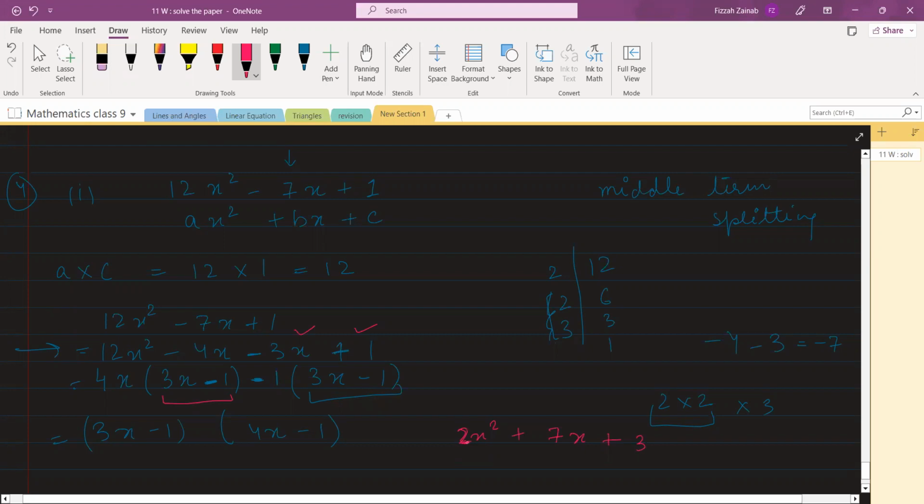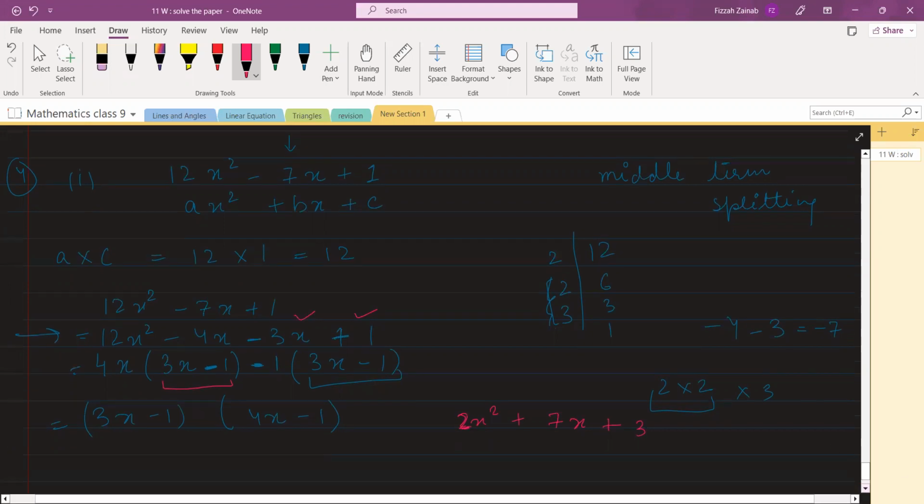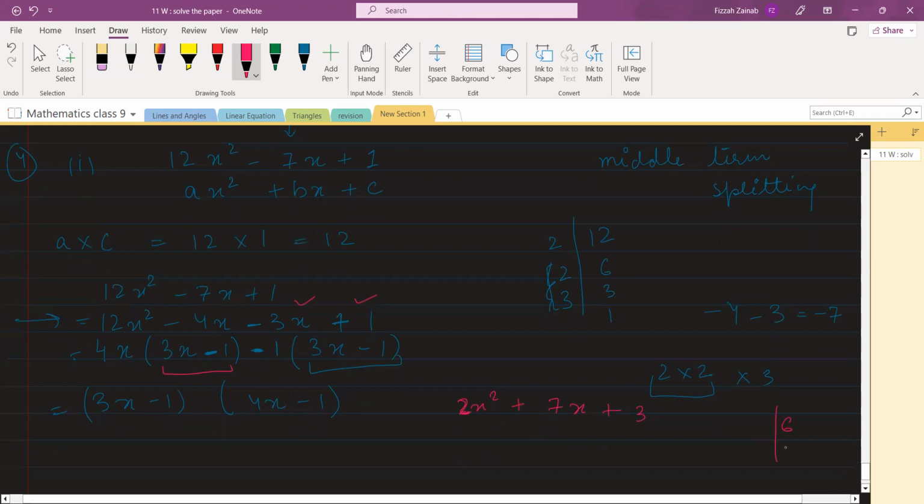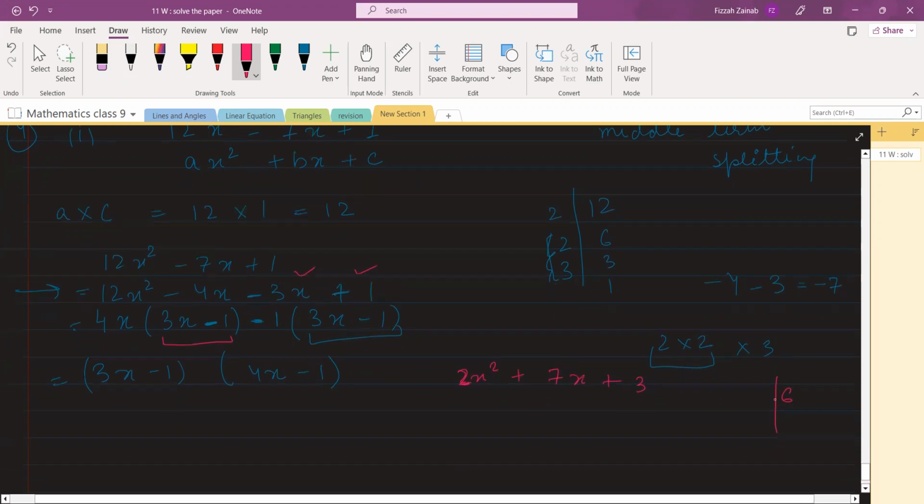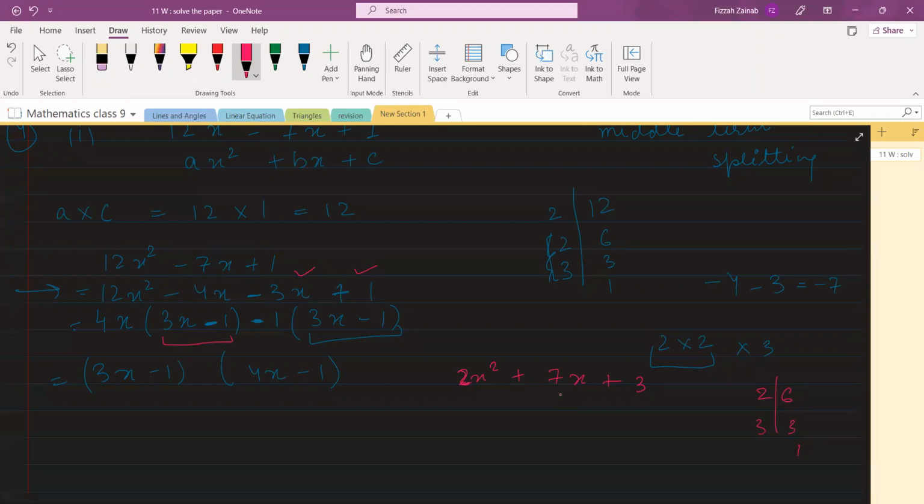What are the factors? 2 into 3 and 3 into 1, right? Okay, so how will you get this plus 7x now?